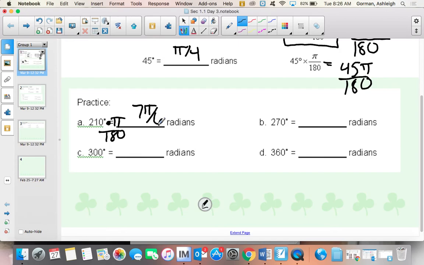For 270 times pi over 180, if you want to do this work, you can. You have 270 pi over 180. And that will simplify to 3 pi over 2.